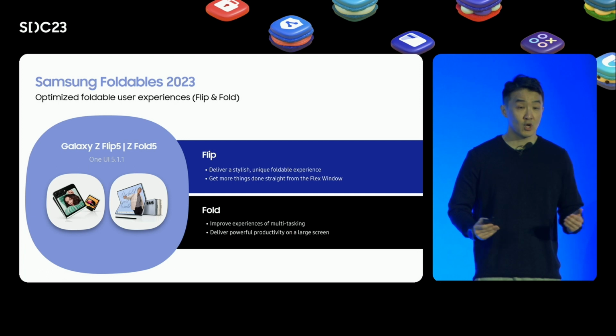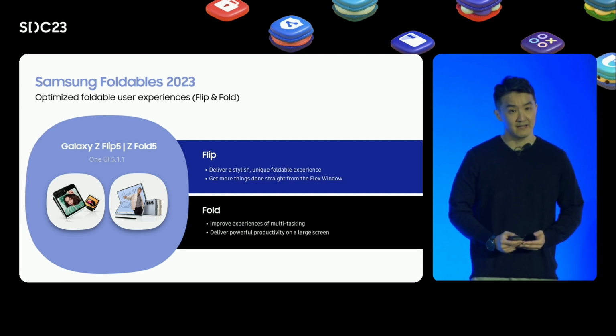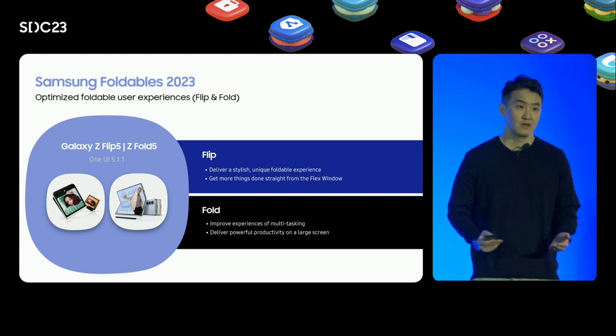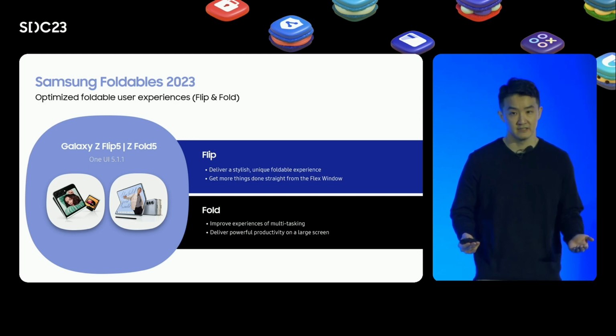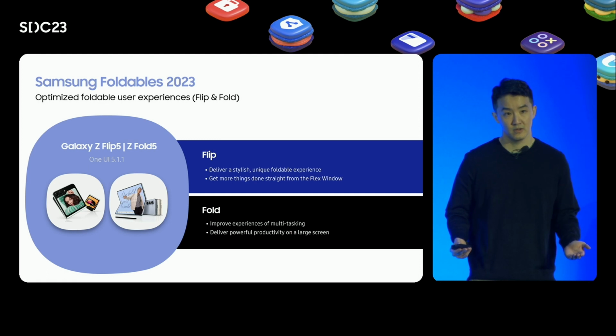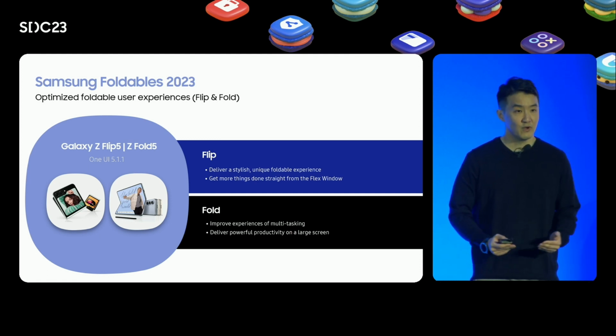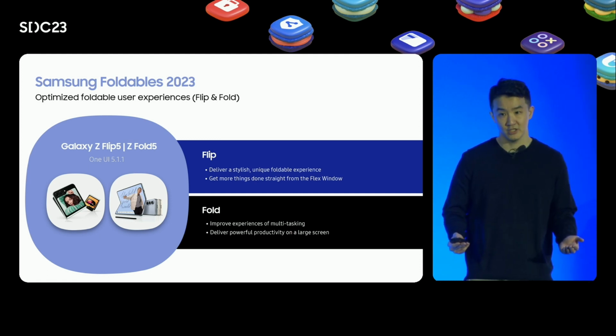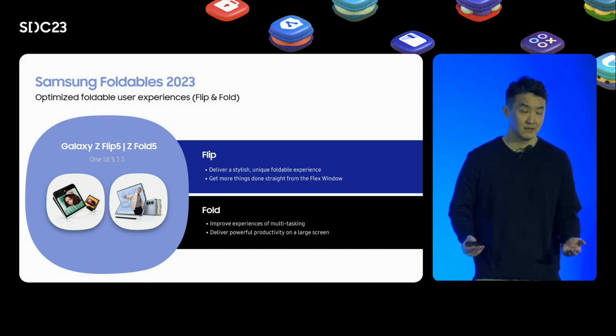One of the most notable features of Galaxy Z Flip 5 is its 3.4-inch flex window. We provide useful widgets and continue to enhance the customization experience for self-expression and uniqueness with the flex window. Also, we are focused on large screen optimization and enhanced productivity, including multitasking with Galaxy Z Fold.